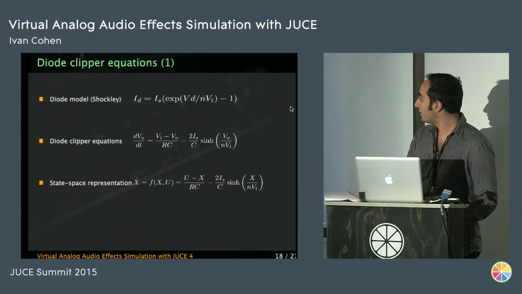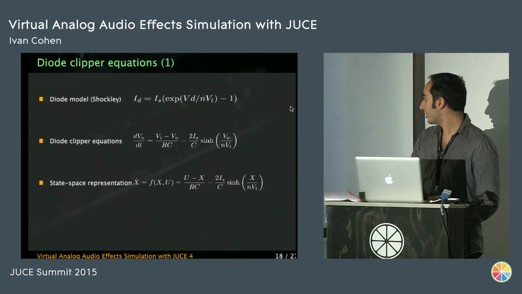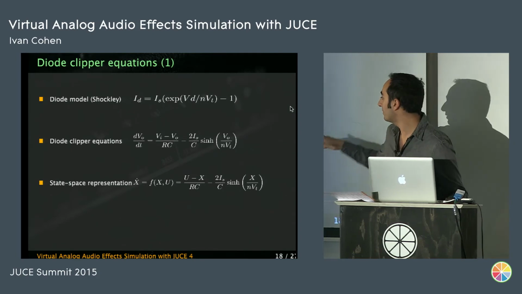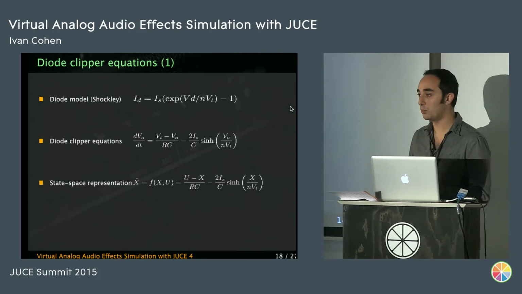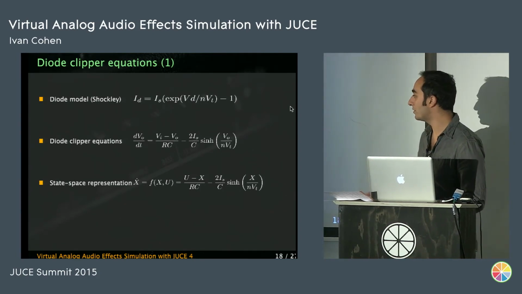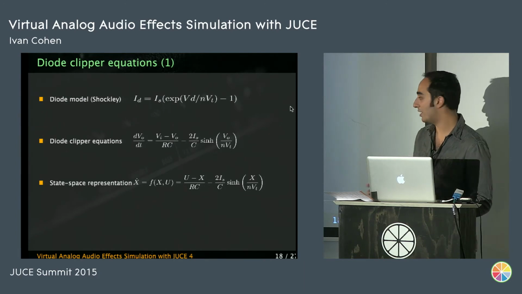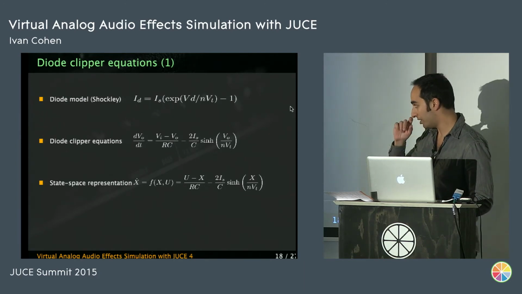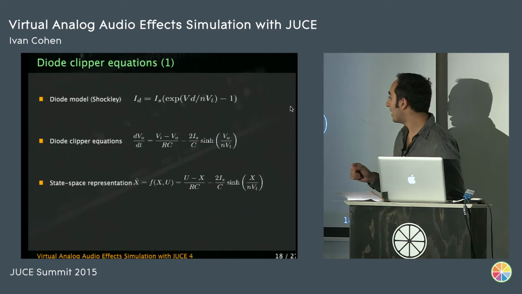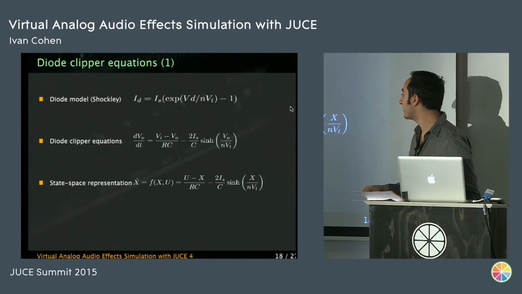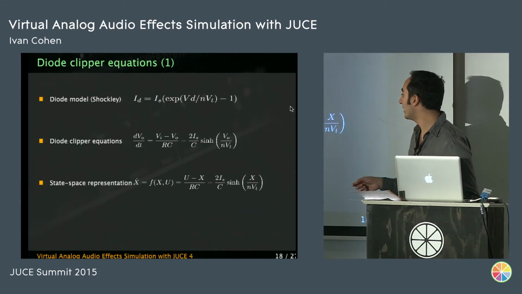We put that into a state space representation. There is nothing fancy here. It's just a representation very useful to do the simulation and to solve in the digital world. We just have some variables for the state and for the input and the output.